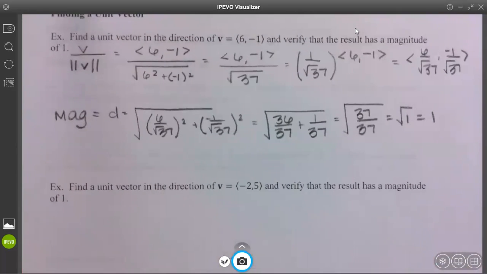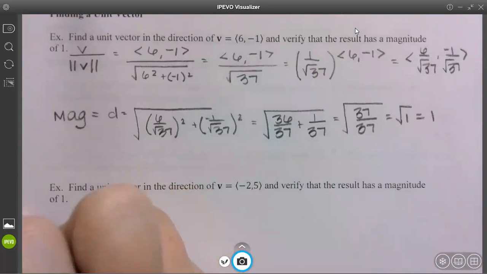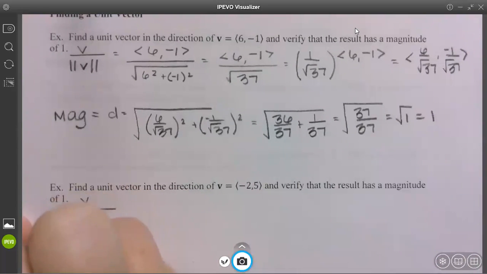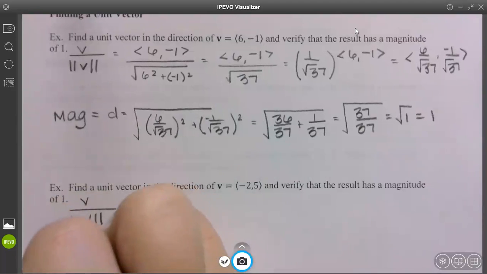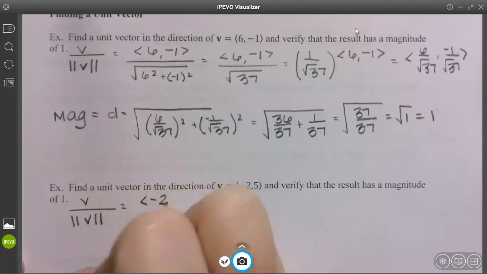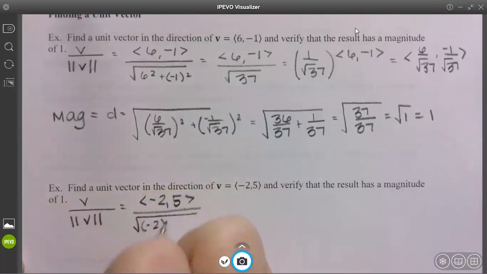You're going to do the same thing on the next one. Find a unit vector in the direction of V = <-2, 5>, and verify that the result has a magnitude of 1. So we're going to do the same exact thing. We're going to take V over the magnitude of V. So <-2, 5> over the square root of -2 squared plus 5 squared.